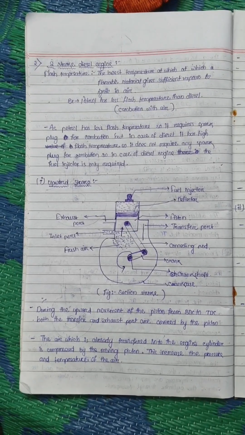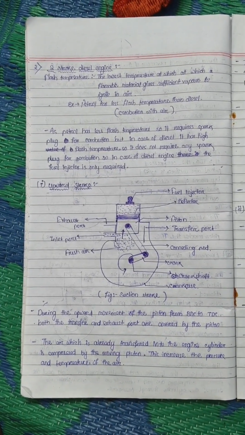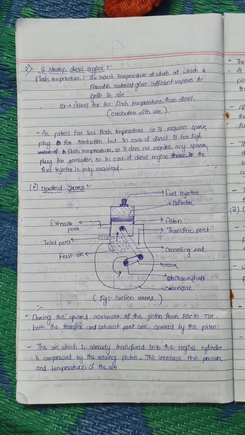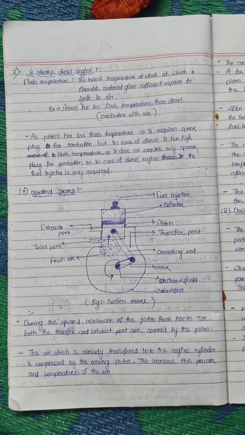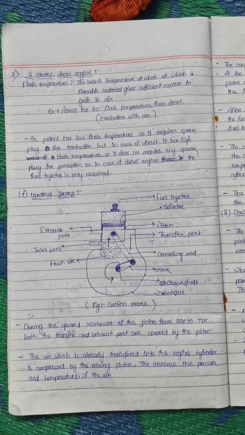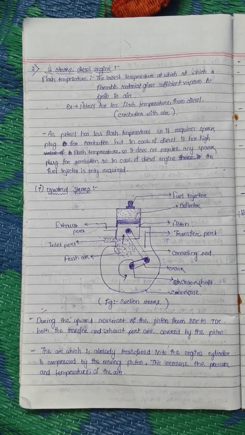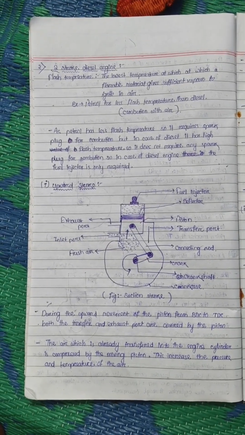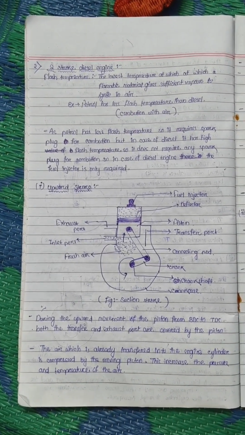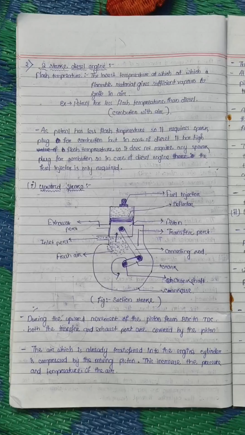Two-stroke diesel engine. Flash temperature: the lowest temperature at which a flammable material gives sufficient vapor to ignite in air. Petrol has a lower flash temperature than diesel.